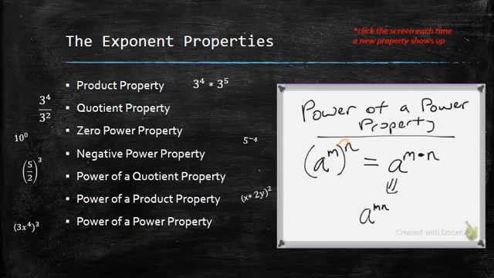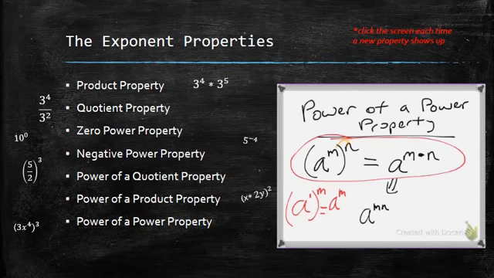Now, every time you raise something to a power, you're really getting an example of this, because for example, if we just had a here, it is a to the 1. And when you're raising a to a power, it looks like this, a to the m. So it's going to be a to the 1 times m, which we know is just a to the m. So the big idea here is that when you raise a power to a power, you multiply.